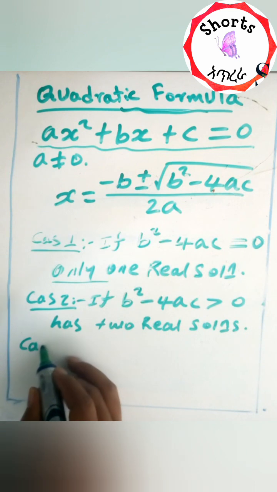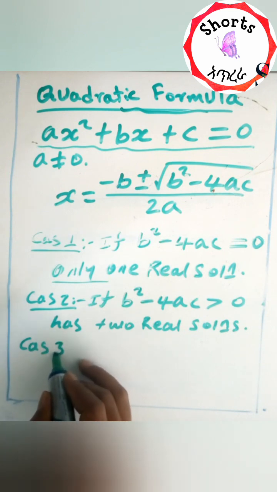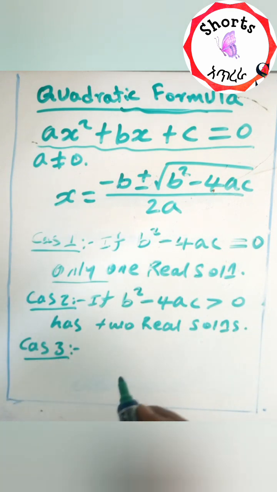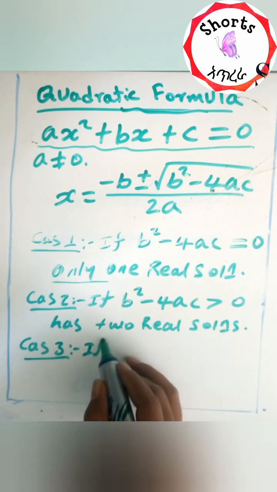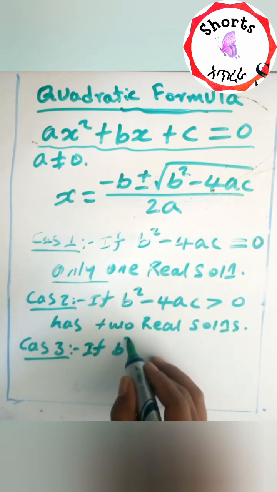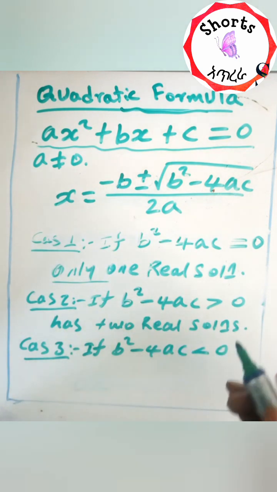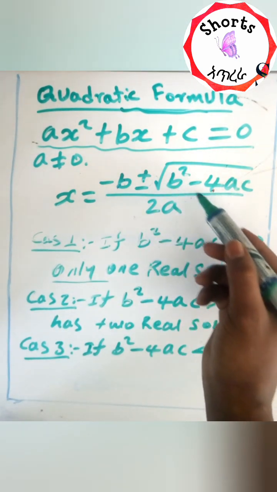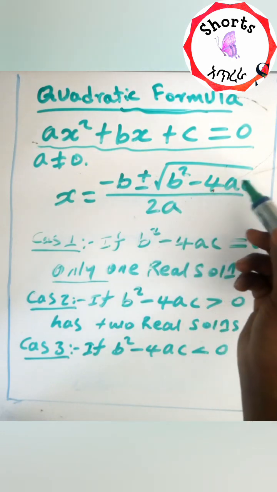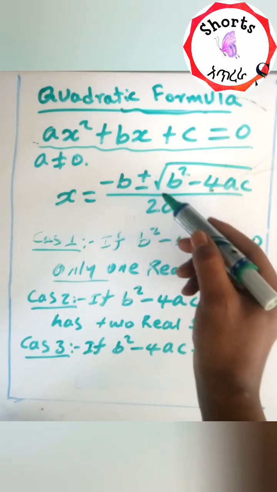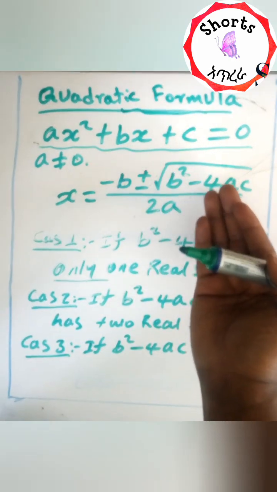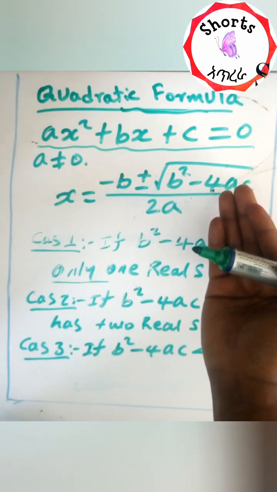The third and last case is where a quadratic equation has no real solution. That is, if the discriminant term b square minus 4ac is less than 0, which makes the square root undefined in the real number system.